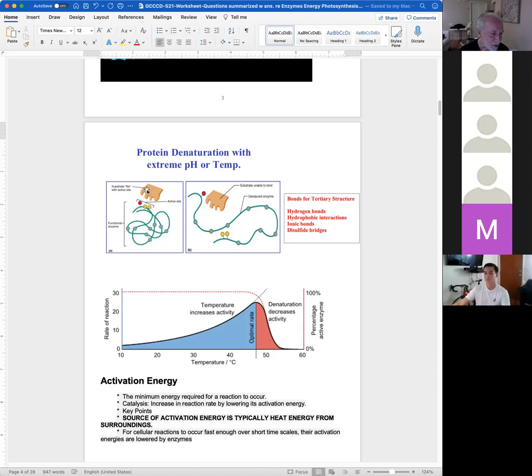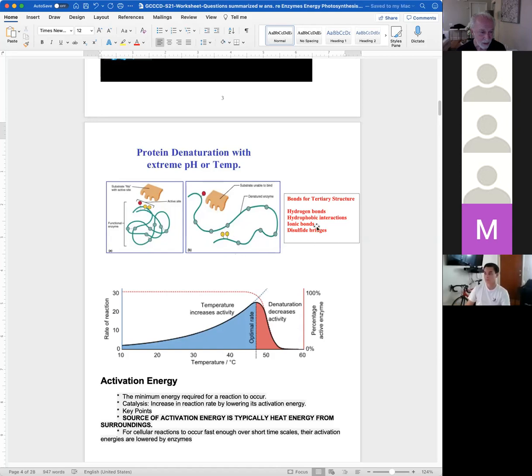Now the substrate has a shape that fits precisely on those little balls on the active site. Now, if you denature this tertiary structure so that it is all strung out, the bonds are broken, and the substrate can't fit anymore because parts of its active site are at various places that it can't reach.